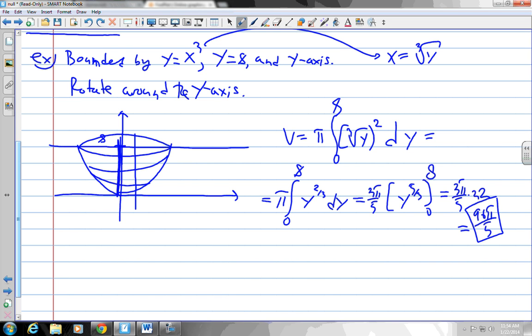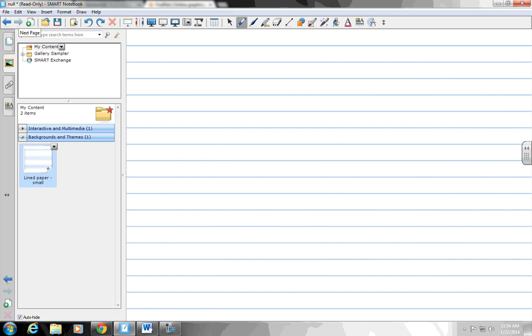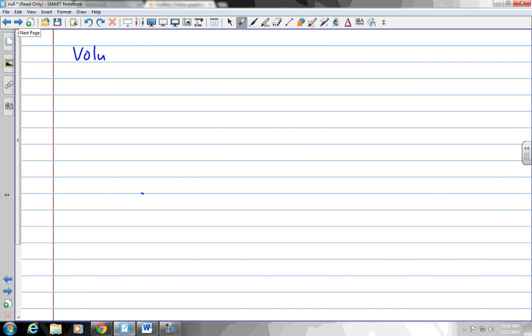But let's do the sphere. I want to do the volume of a sphere. So we're going to prove, in a newly discovered way, the volume of a sphere. A nice way of doing that is to get a sphere through rotation.